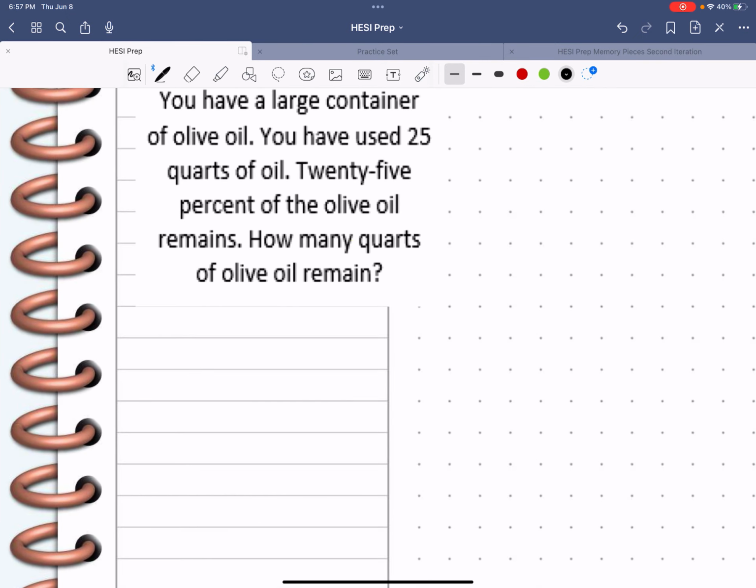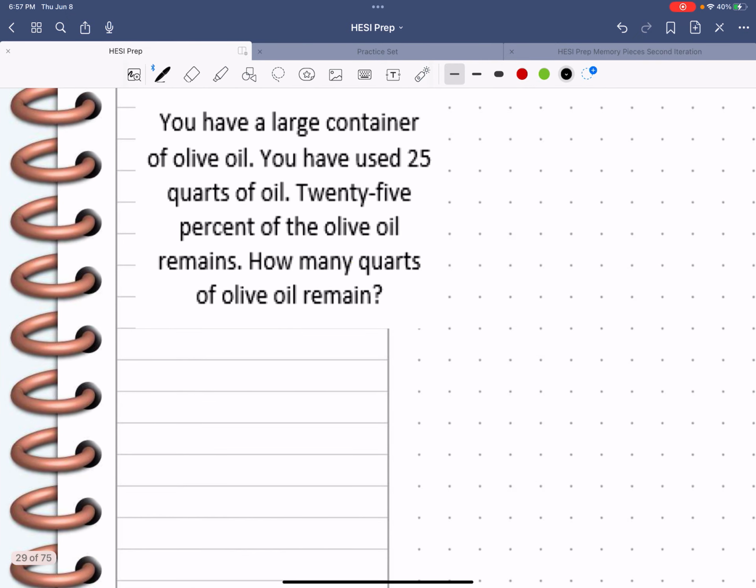You have a large container of olive oil. So you know what I'm going to do. It's going to have to be a square container or a rectangular container. You have used 25 quarts of oil. 25% of the olive oil remains.